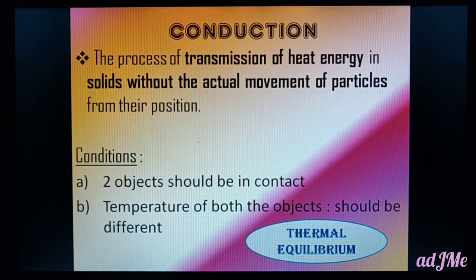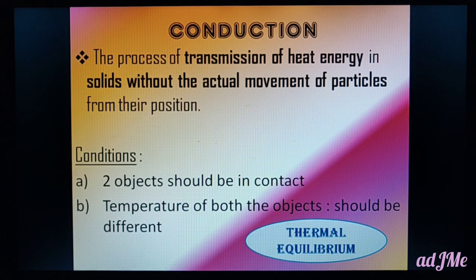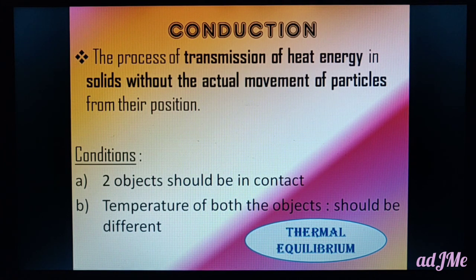When the two objects are in contact with each other, the heat starts to move from the hottest object towards the less hot object, and it keeps on. When both the objects are at the same temperature, there is no conduction at all, and that point is called thermal equilibrium.